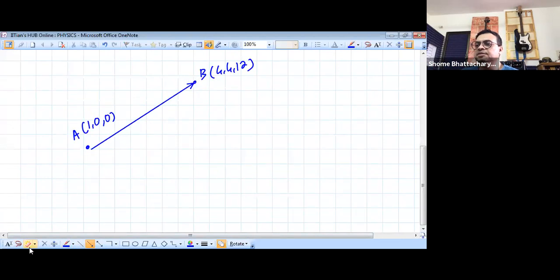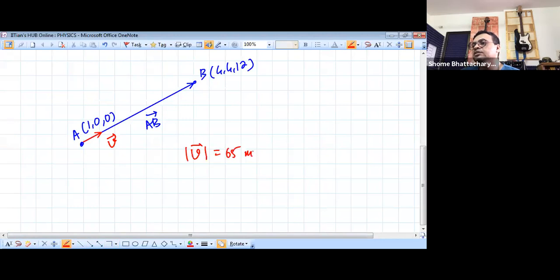Let's say this displacement AB is the direction of its motion. So if this vector AB is like this, then what is the direction of the velocity vector? Velocity vector का भी direction उस line के along ही होना चाहिए. So the velocity vector should be like this, such that its magnitude is 65 meters per second.